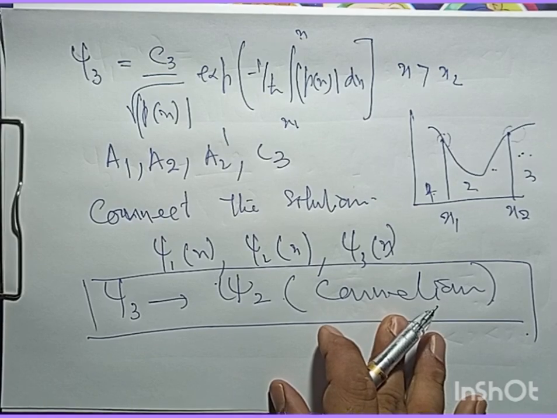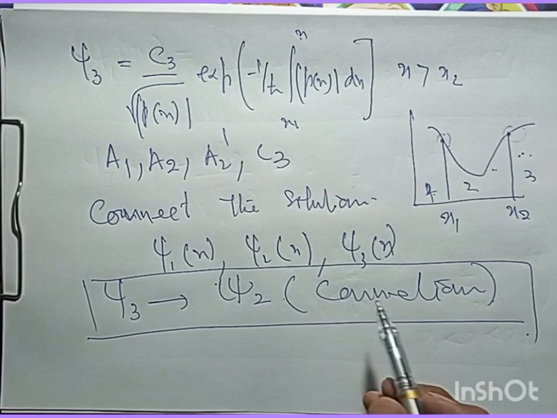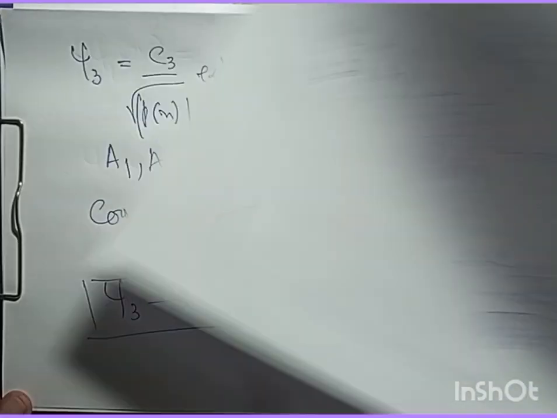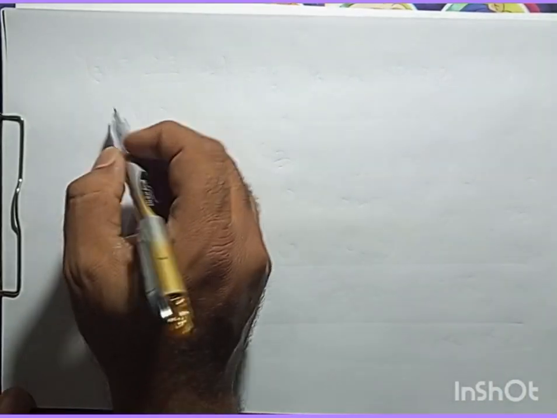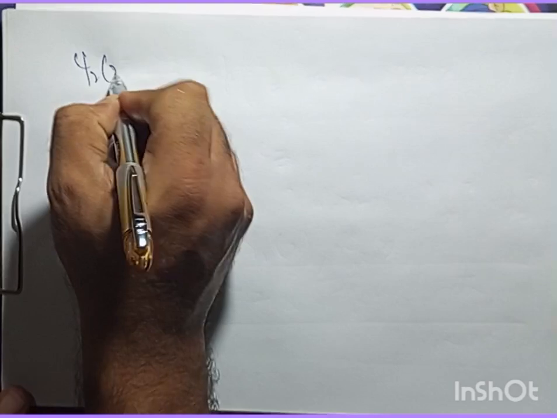All right. So in doing so, what is important is we already have written down psi 2 of x. Better is to write it down again in order to be consistent with the video. We have psi 2 of x, and what is that?